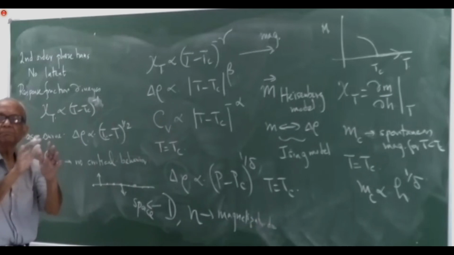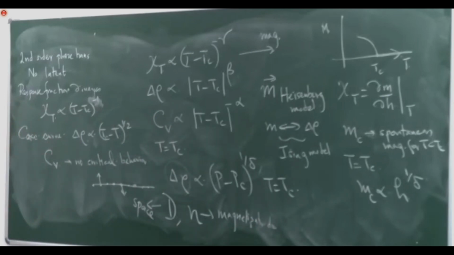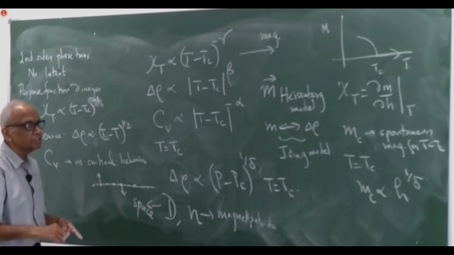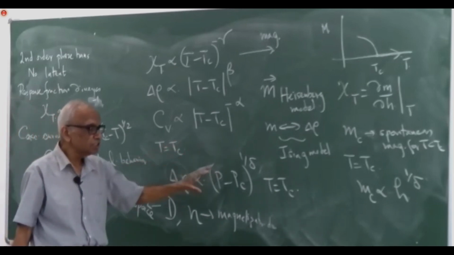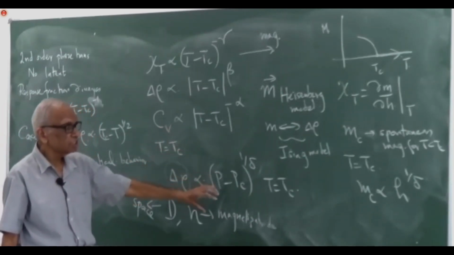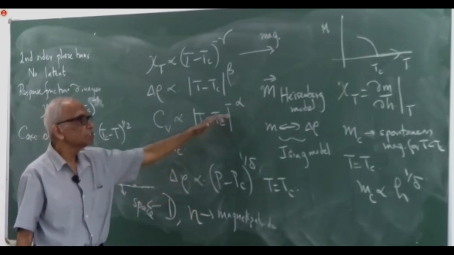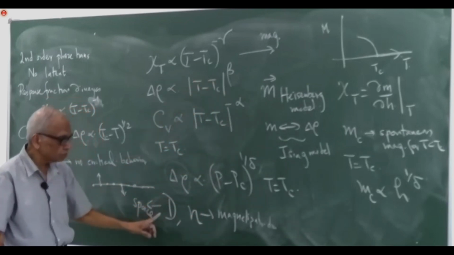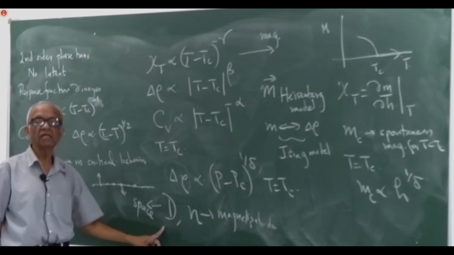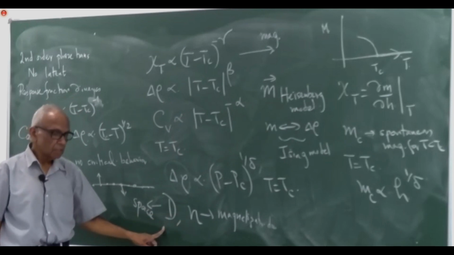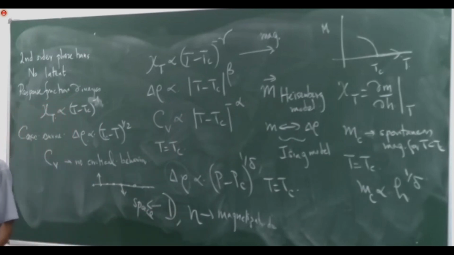are completely independent of each other. So when one talks about these exponents, if a phase transition does occur, then these exponents are functions only of N and D. That is what universality really is.